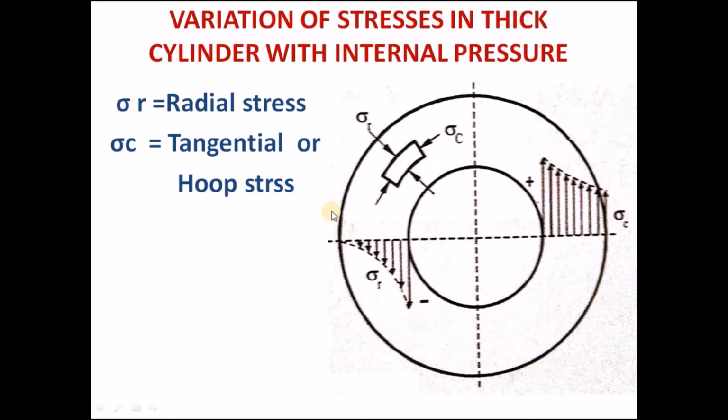But in a thick cylinder, the hoop stress is maximum at the inner surface. At the inner surface, the hoop stress is maximum, and it gradually decreases and becomes minimum at the outer surface, as the distribution shown here.